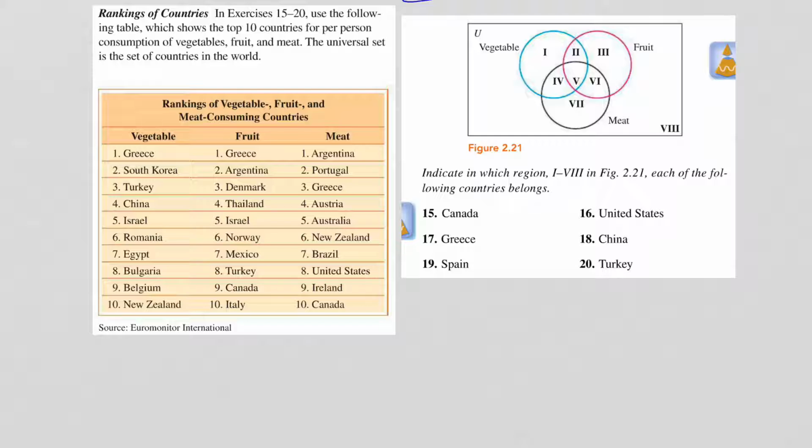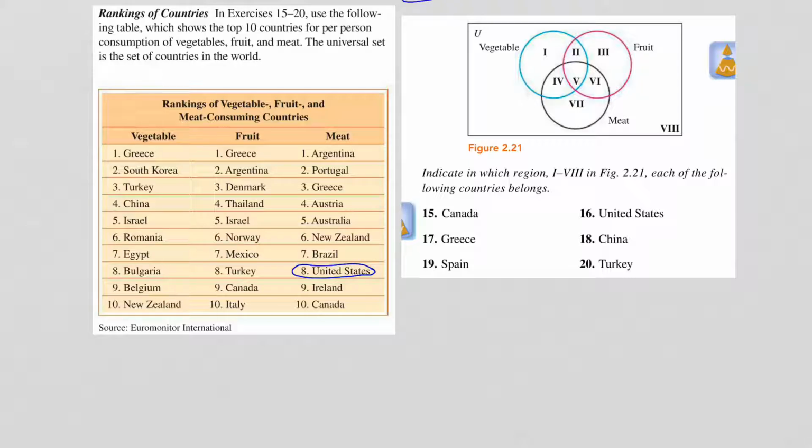If you look at the United States, top 10 countries for per person consumption of vegetables, fruit, and meat, there's the United States right here. And that is basically meat only.